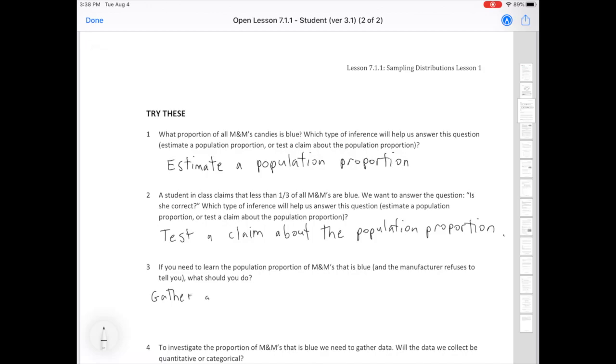How about we gather a large sample of M&Ms and compute the proportion of blues in the sample.